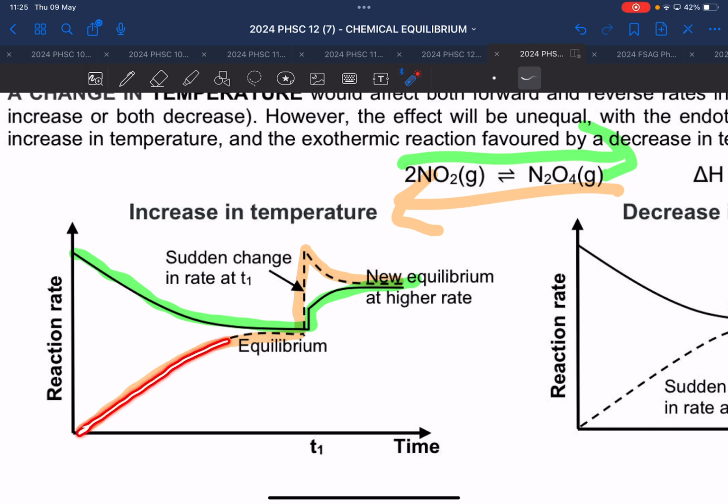Because we have our reaction rate, then we reach our equilibrium. Then our backward reaction is favored, so it jumps up the most. And then a new equilibrium is established. If we look at what happens to our forward reaction, we have a small, quick increase in the rate, and then it continuously increases again.